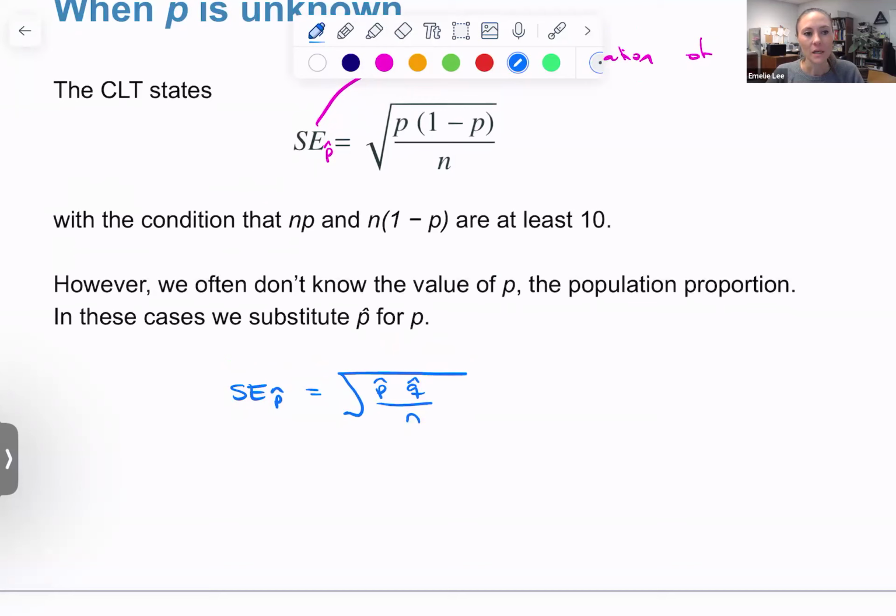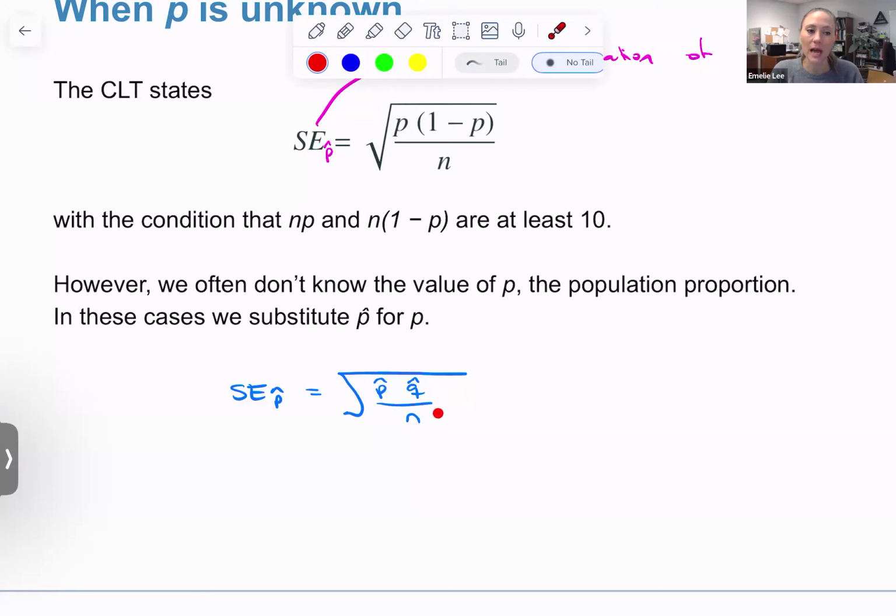Okay. And so now, in our application, what's nice is to find the spread of p hat, we need p hat, which we'll have as a sample proportion. Q hat is 1 minus p hat, so still no new information needed. And then how did we find p hat? Well, p hat is the number of successes over n.